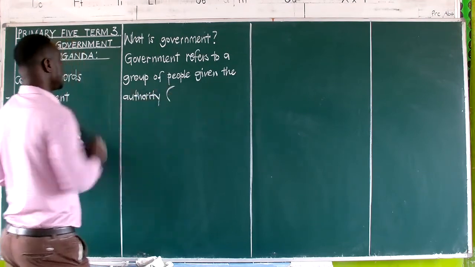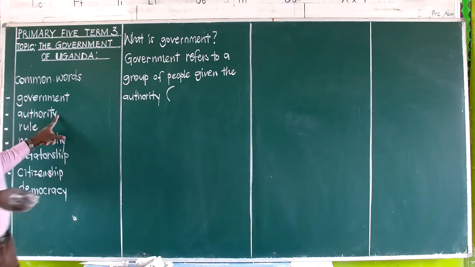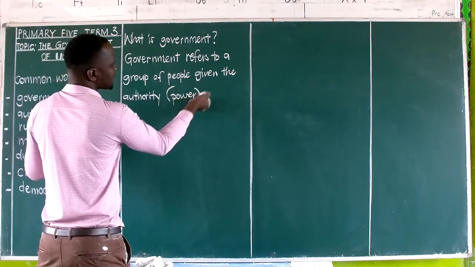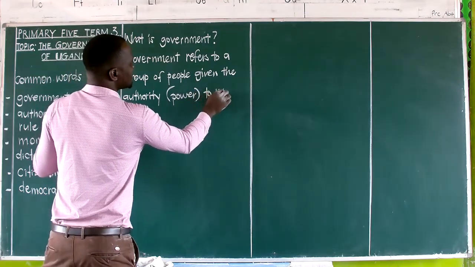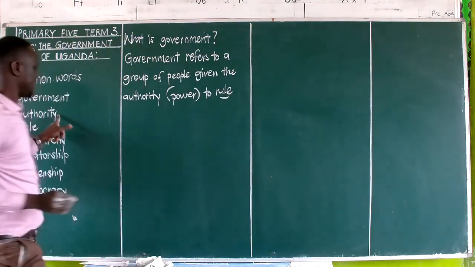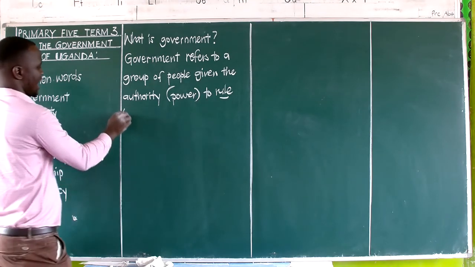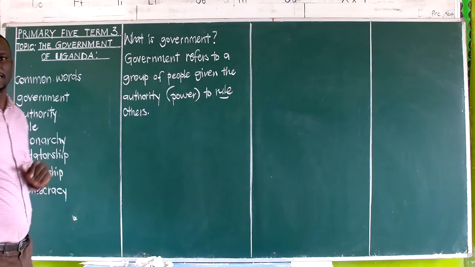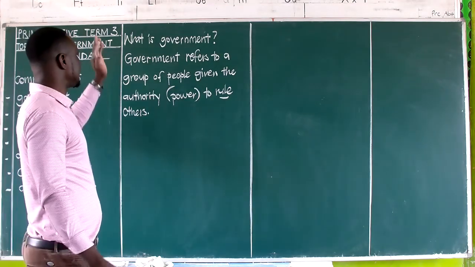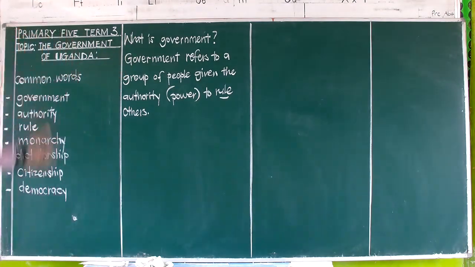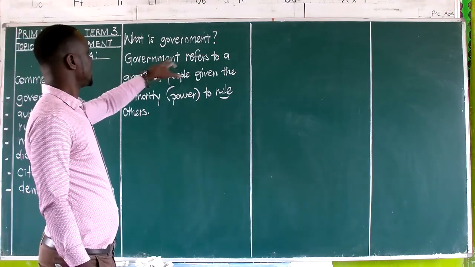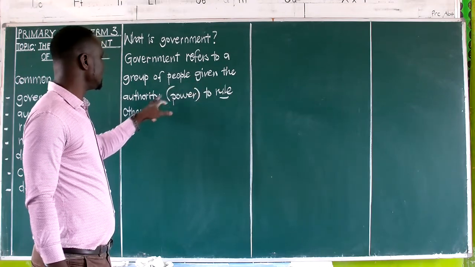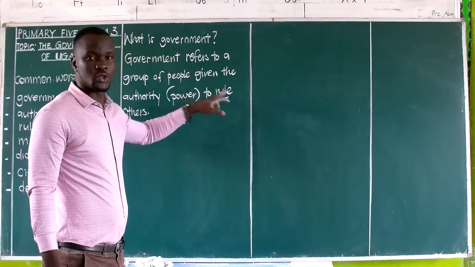This authority is what we can also term as power, given power to rule others. That is the definition for the term government. The term government refers to a group of people given the authority or power to rule others.